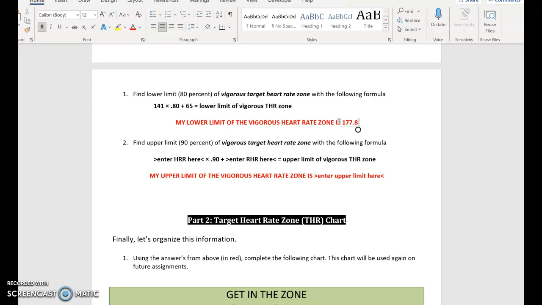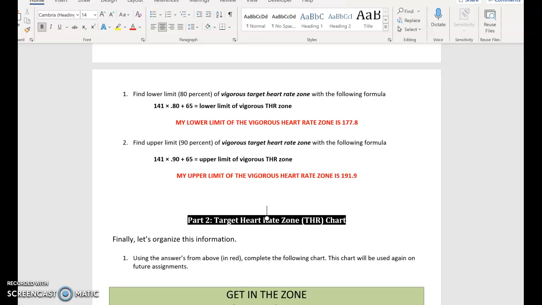And then we have one more math problem to do with 141 times 0.9 plus 65. And the answer here is 191.9. So that is part 1 of calculating your heart rate worksheet.